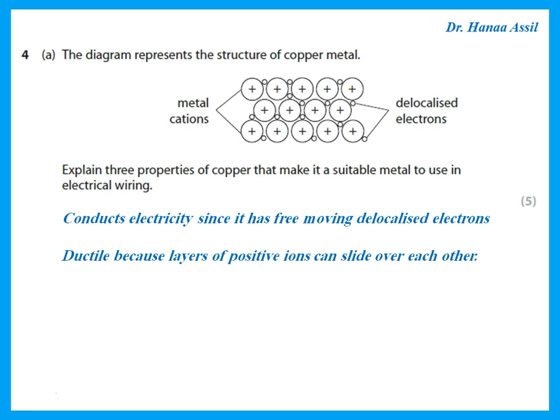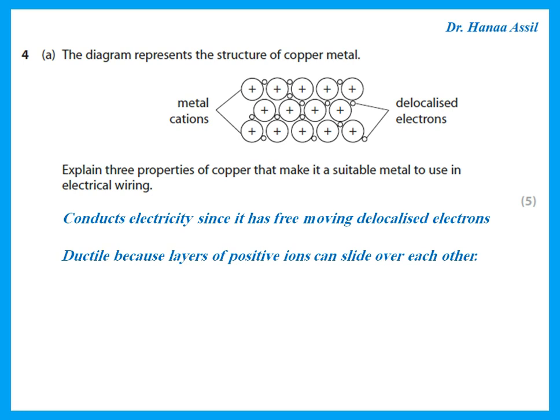So we say that copper is a suitable metal for making wires because it is ductile. Now, why is it ductile? Because layers of positive ions can slide over each other. So remember that any metal, when heated or hammered, the layers of positive ions can slide over each other, so you can reshape the metal.